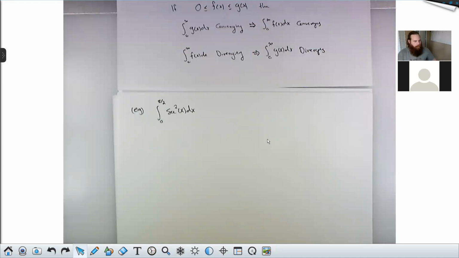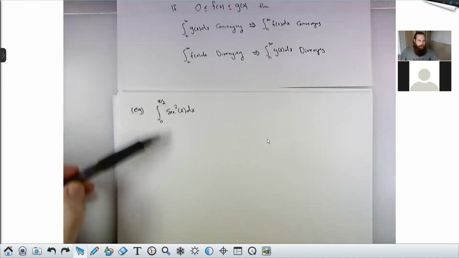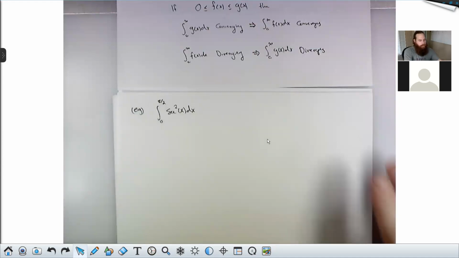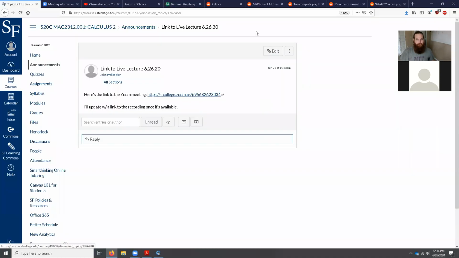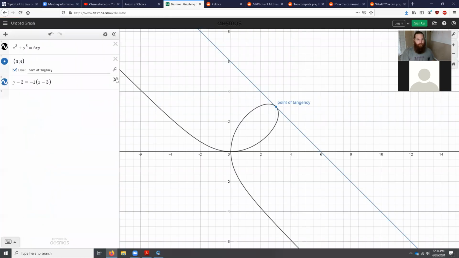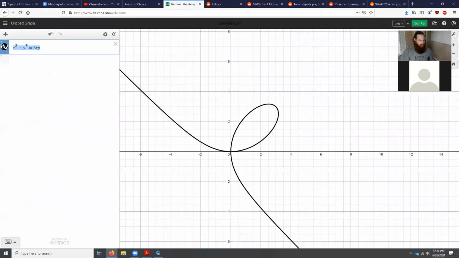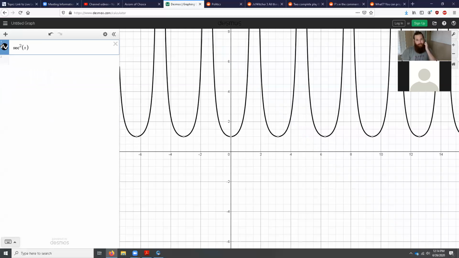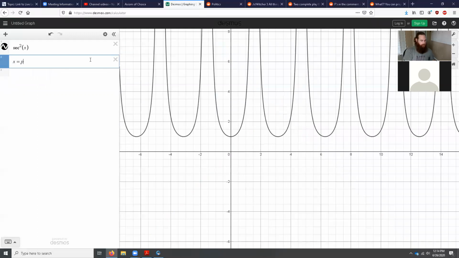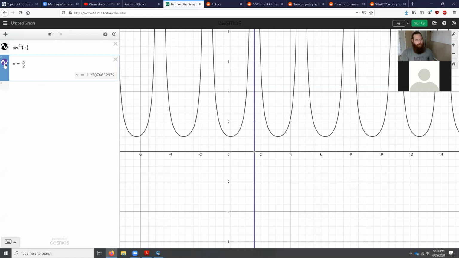It is improper. It's not type 1. There's no infinities in the bounds. But remember, secant squared, just like secant, has vertical asymptotes all over the place, and one of them is pi over 2.